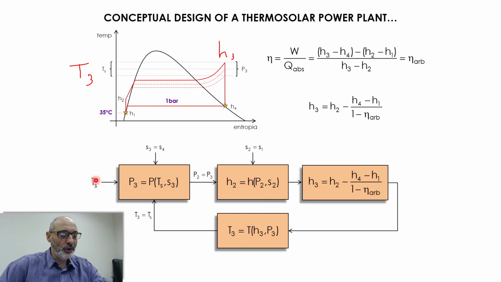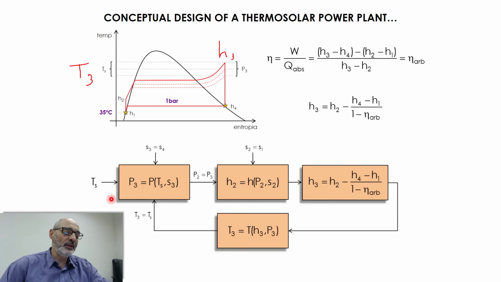The idea is you start by estimating the temperature that you want to calculate, and you use all the formulas that you have in your problem in order to calculate the variable that you estimated in the first place. And this goes iteratively.